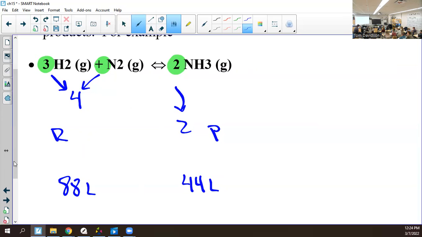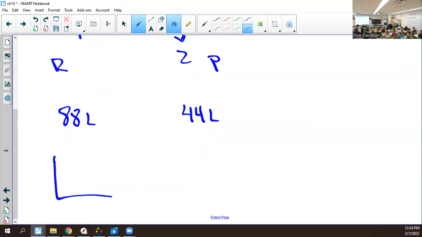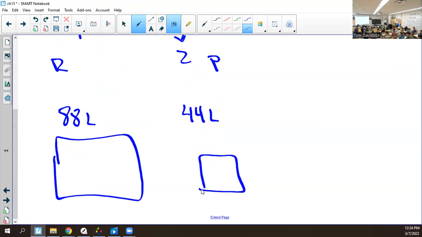The reactants. So these, if they could, they'd fill up like a big box, and this one would fill up a small box. You kind of with me? Okay, so kind of think about moles need space. But what does pressure do to space? It makes it smaller, right? So if I squeeze my container down, which side is it going to want to hang out in?